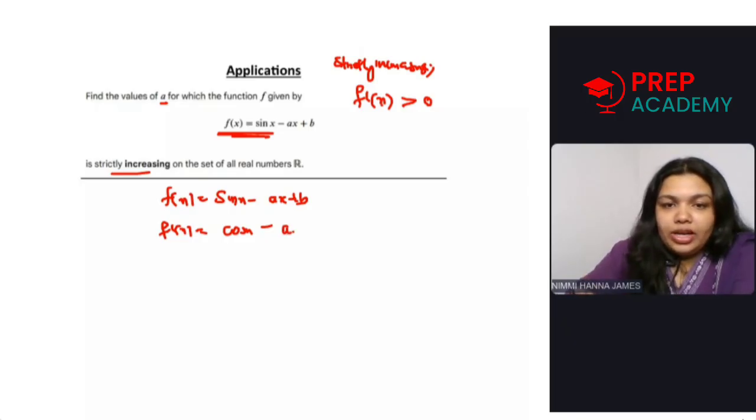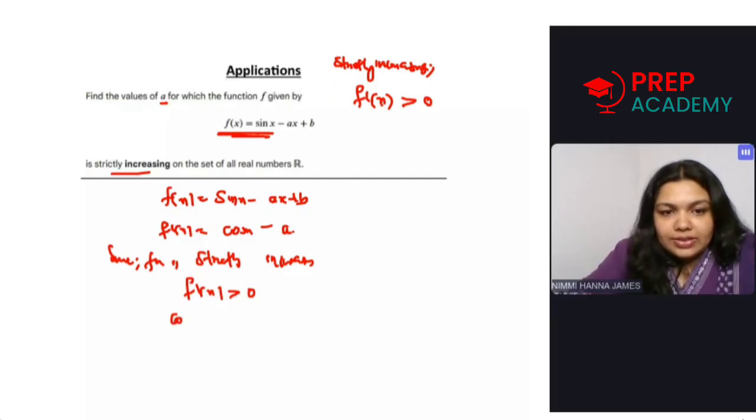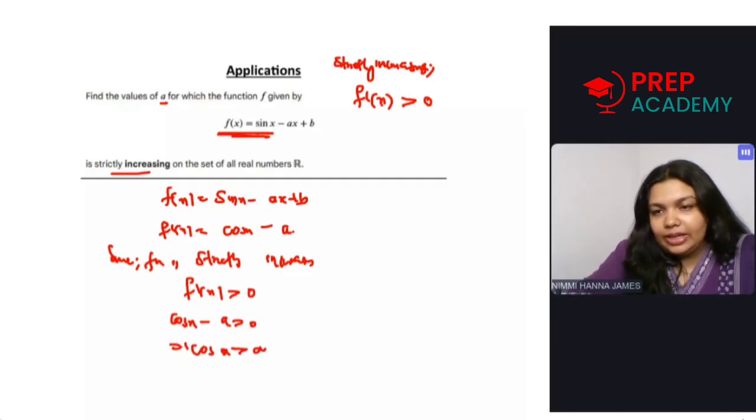Since the function is strictly increasing, we can write f dash of x is greater than 0. So we have f dash of x as cos x minus a is greater than 0. That means cos x is greater than a, or we can say a is less than cos x.